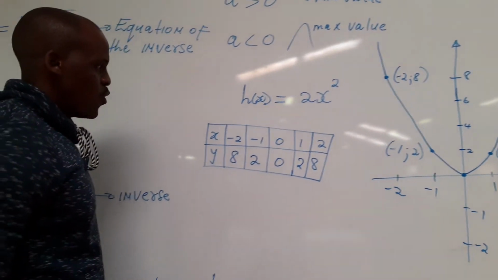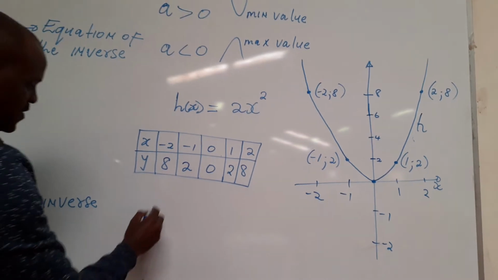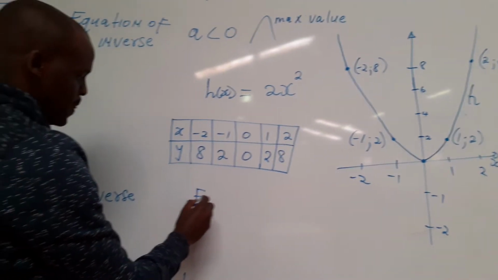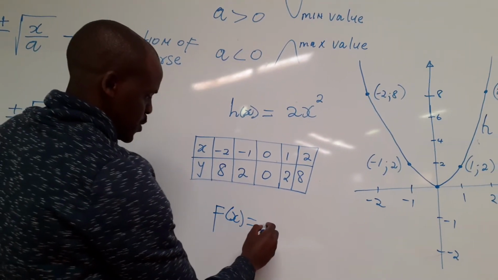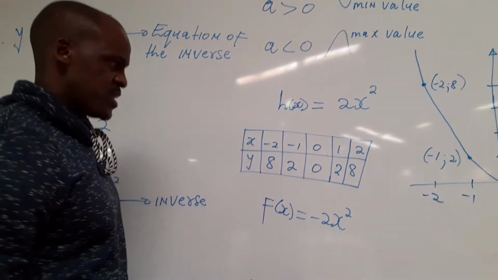Let's say you were having -2x squared. We just want to check that one. f at x equals -2x squared, like that.